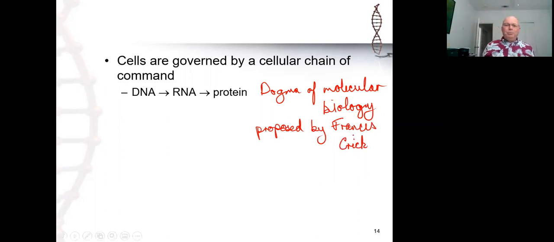Of course, he proposed this after he and Watson and Wilkins received the Nobel Prize. So as a Nobel Prize laureate, people tended to take fairly seriously what he said. And so when Crick said the flow of information, this so-called dogma of molecular biology, is DNA to RNA to protein, people were pretty willing to accept that.